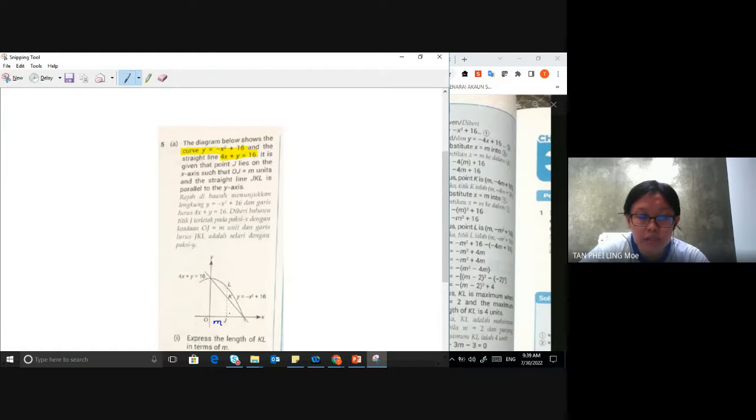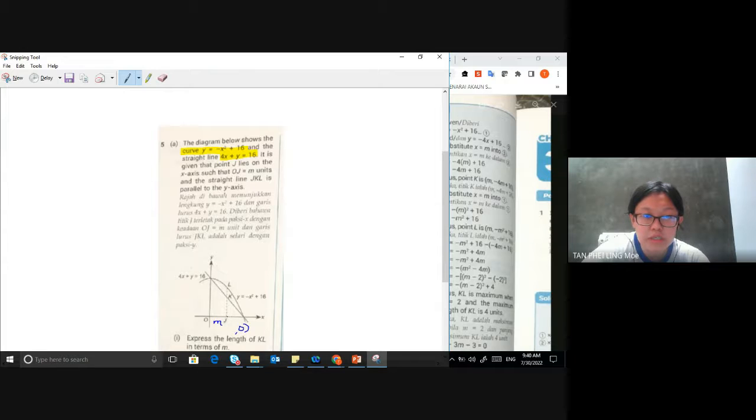Now, OJ is the distance, so this is telling you the J coordinate, the x. You see here, J is on the x-axis, so J will be 0 for the y.